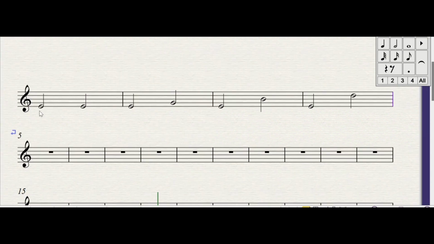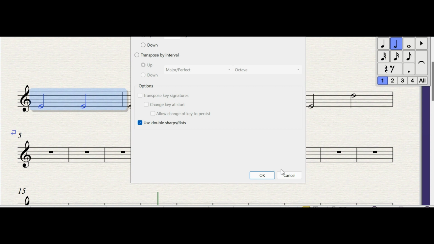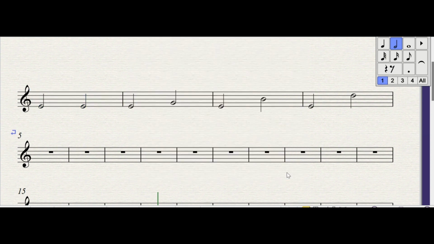This is an interval of 1 or unison. So I'm going to just put that on top. Unison or an interval of 1.